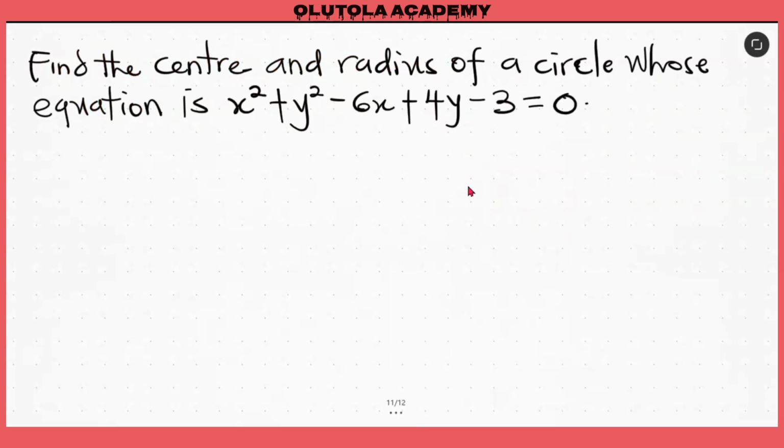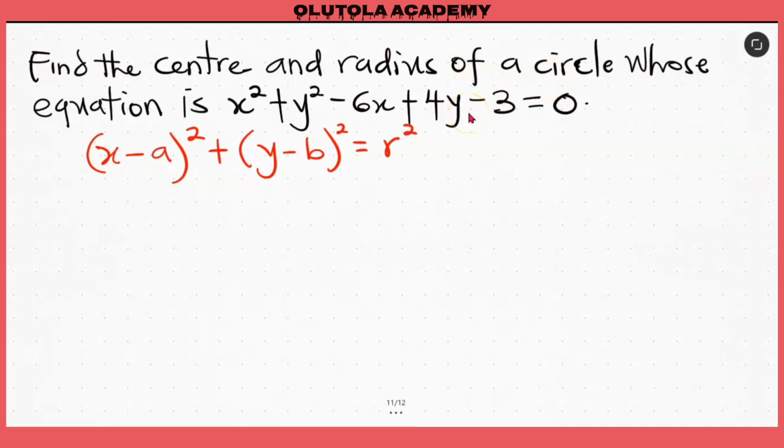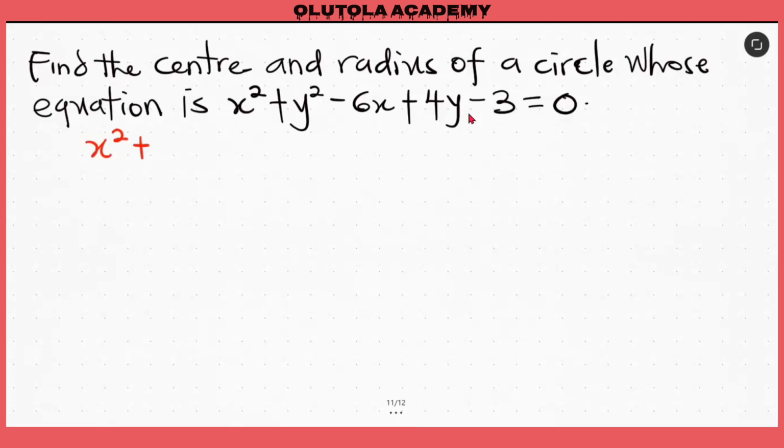The question goes: find the center and the radius of a circle whose equation is x² + y² − 6x + 4y − 3 = 0. For this question, I'm not going to use this equation because we already have the equation. I'm going to use the general equation of a circle, which is x² + y² + 2gx + 2fy + c = 0.